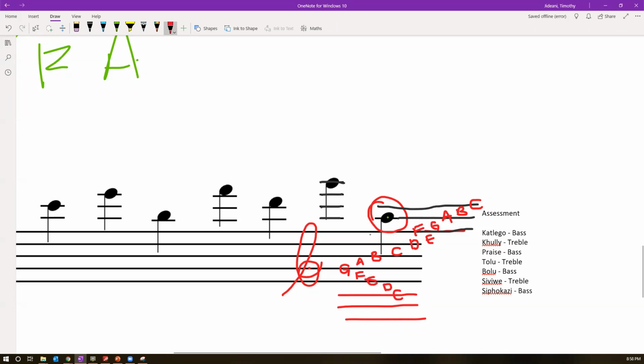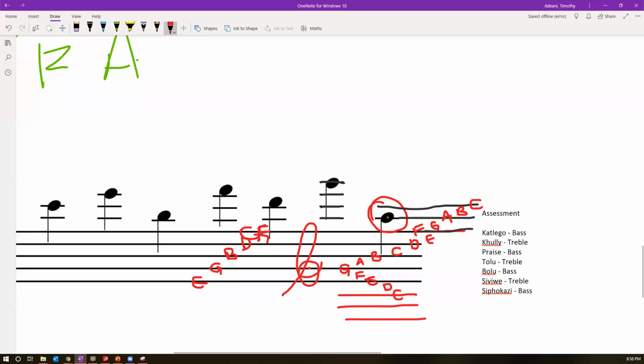So we know that this line here is G, because we know that every good boy deserves Fanta. Sorry, that's F. That line is F there.